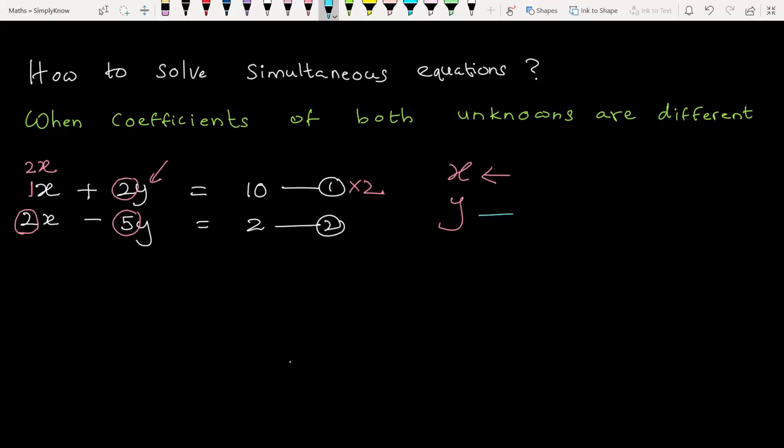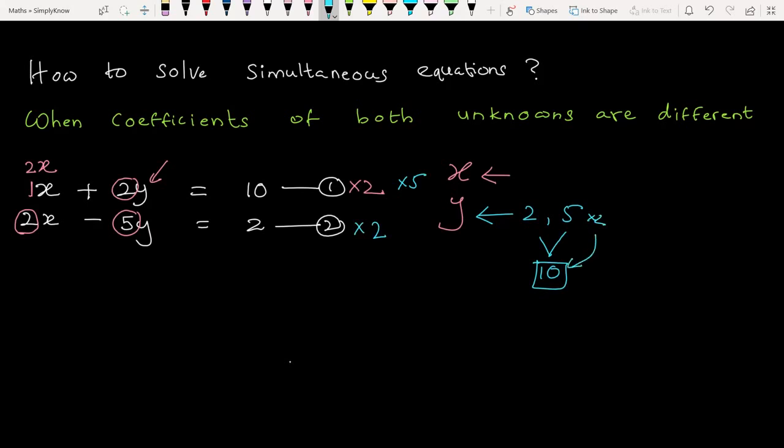The coefficients of y are 2 and 5, so I can equate them to 10, which means I need to multiply both equations. So I will have to multiply the first equation by 5 because 2 times 5 is 10. Then I need to multiply the second equation by 2 because 5 times 2 is 10.